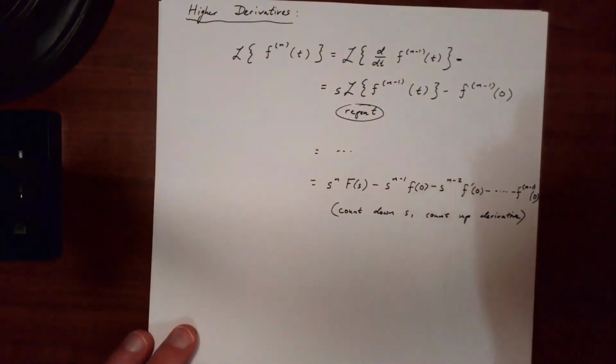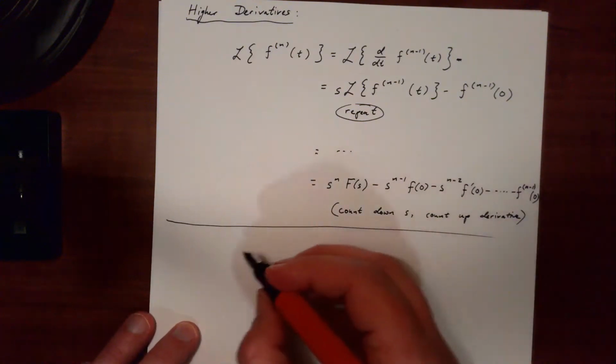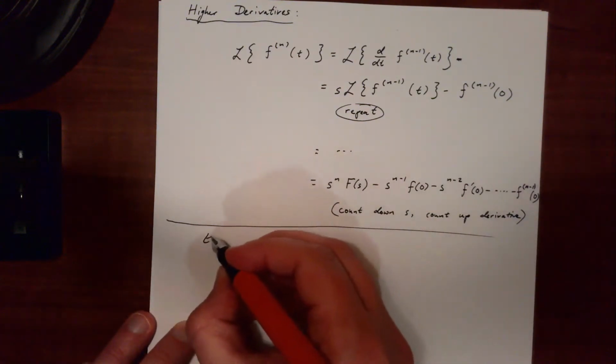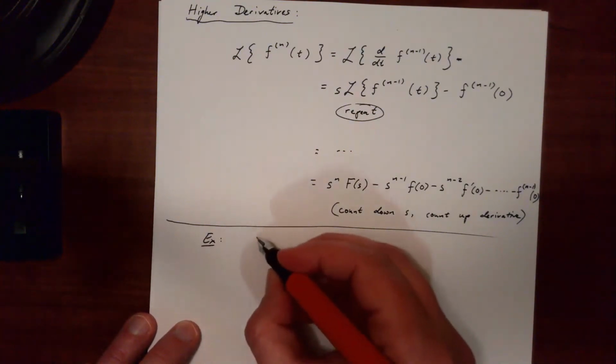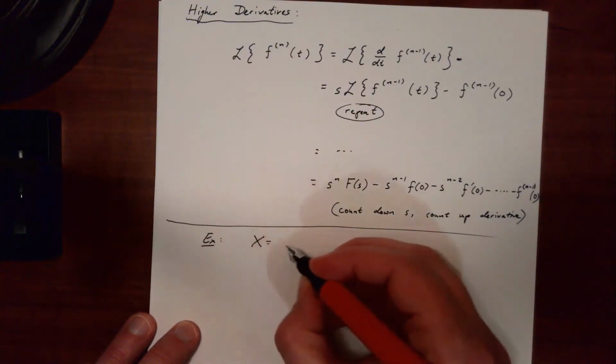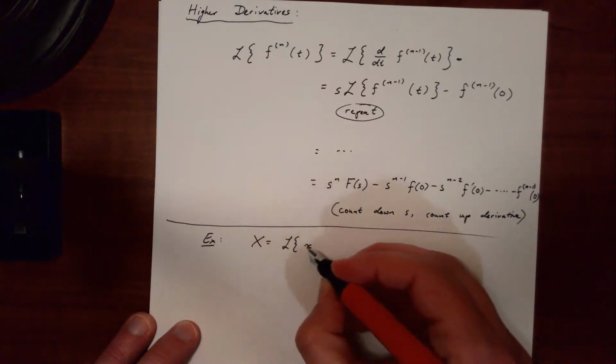Okay, so just an example of how this looks. Let's say that capital X is how we're going to write the Laplace transform of x of t.